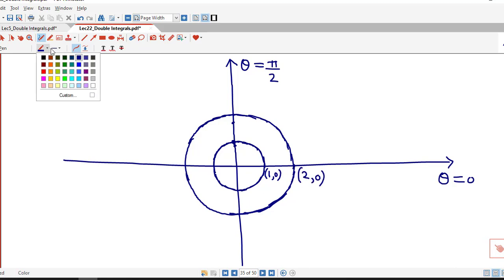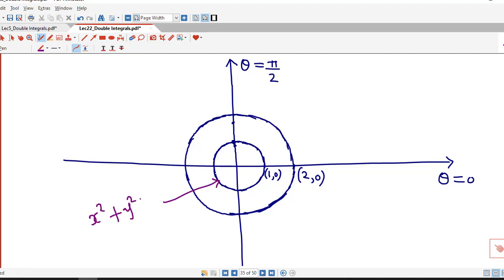So this inner circle is x square plus y square equal to 1, and this outer circle is x square plus y square equal to 4, that is 2 square. And both the circles have the same center, origin.